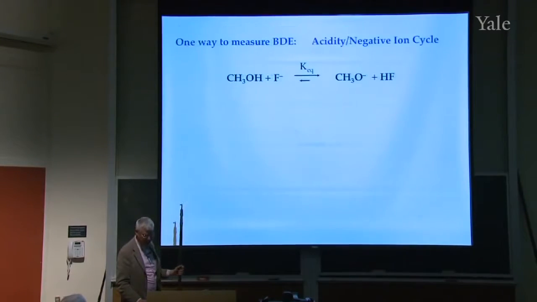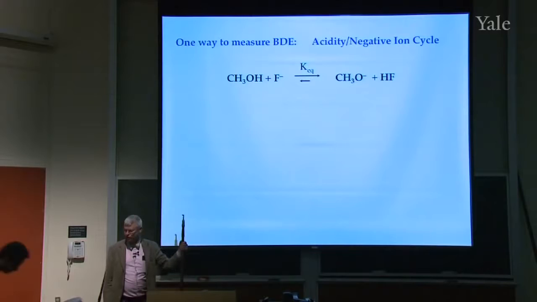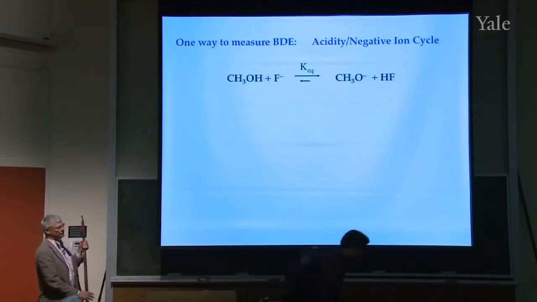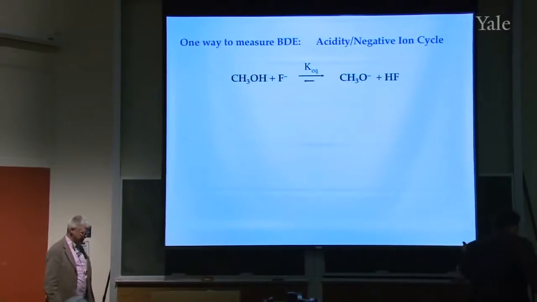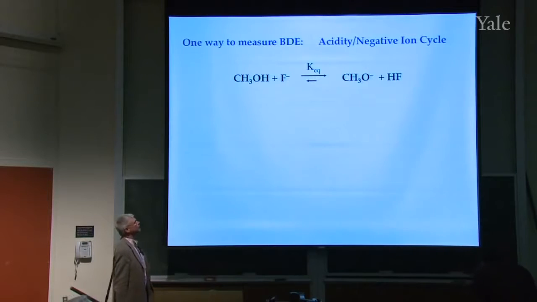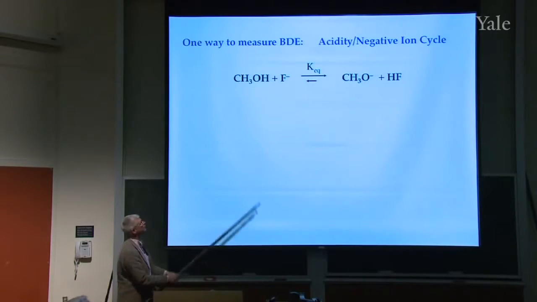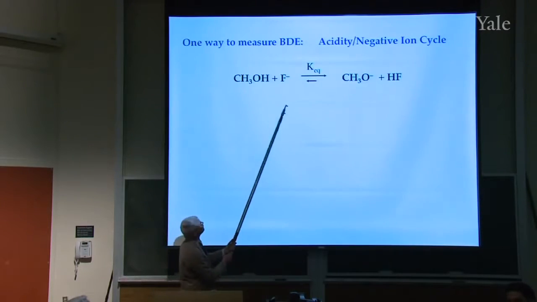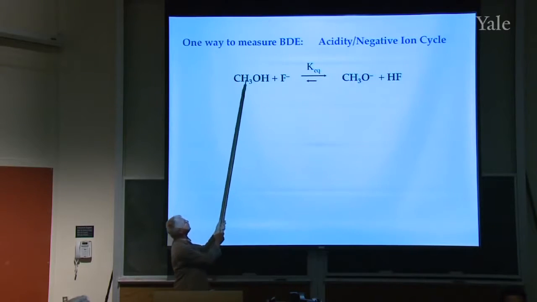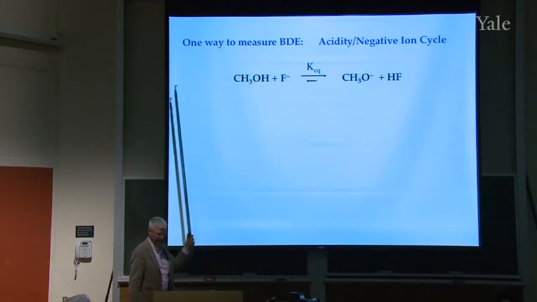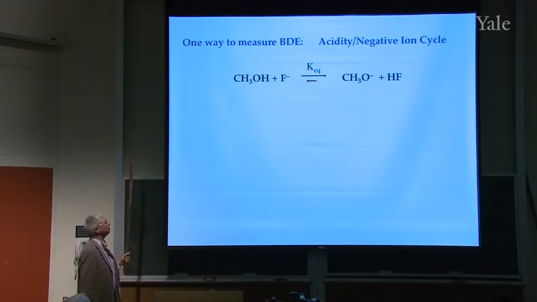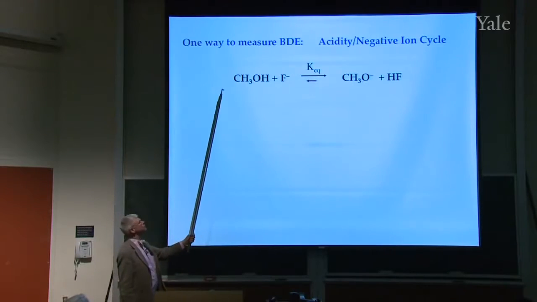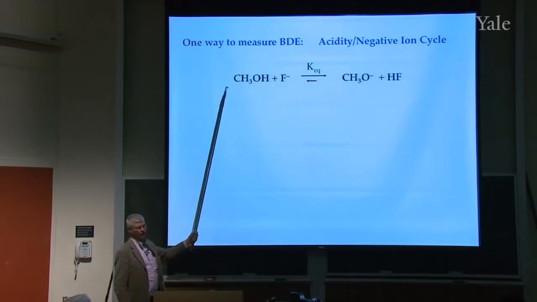All right, so one way you can do this is to use a gas phase acidity cycle. This is a negative ion cycle where you take this molecule, say methanol, and treat it with a base such as fluoride ion.